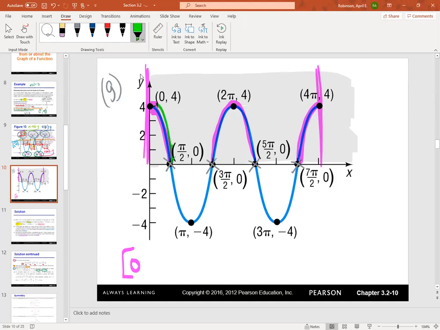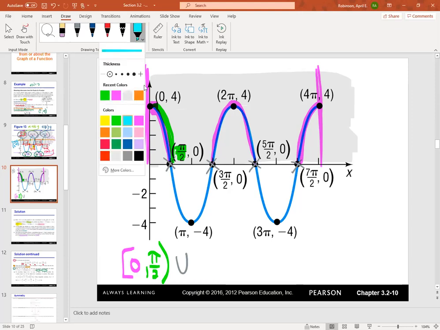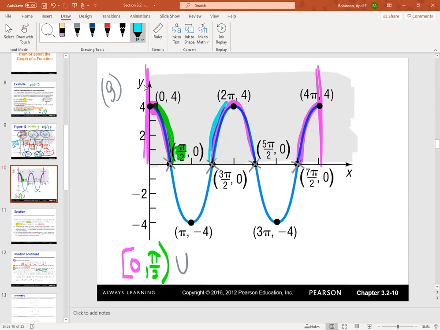From 0 to here, this is 1 interval. That goes from 0 up to pi over 2, but I cannot include pi over 2 because that one has a y coordinate that is equal to 0. And then you've got to use that union symbol. Then I'm going to go to this interval, which goes up and then down.